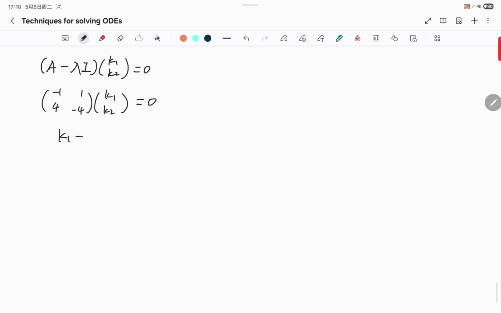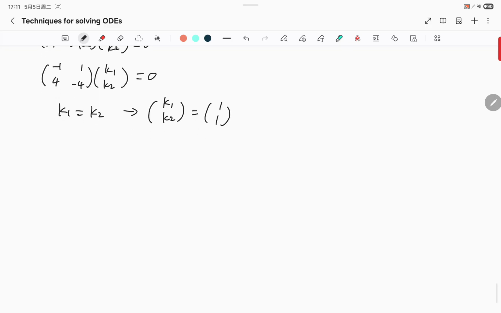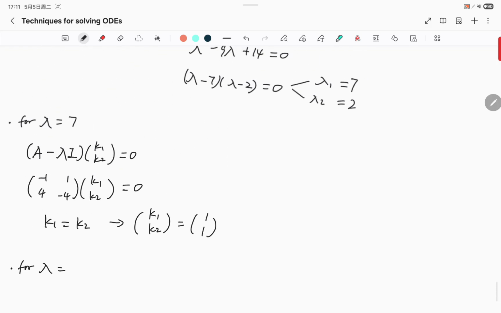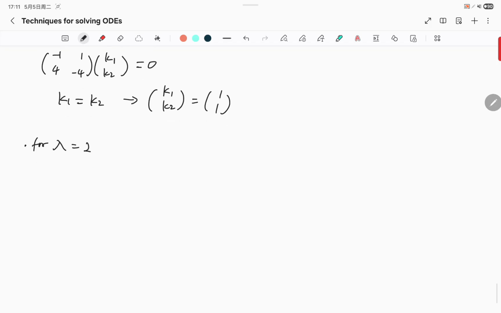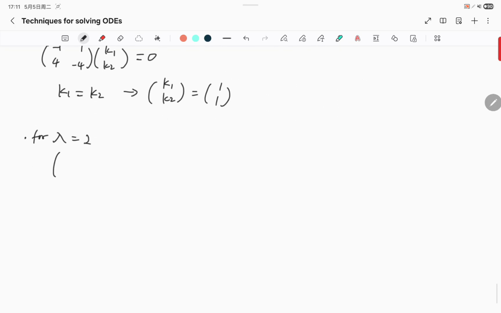We have k1 is equal to k2, because negative k1 plus k2 is equal to 0. Bring plus k2 to the other side, becomes negative k2, cancel out the negative. That means my (k1, k2) is (1, 1). I just didn't write an if statement because the ratio of k1 and k2 is 1 to 1. If k1 is 1, k2 must be 1. For lambda equals 2, we have 6 minus 2, 3 minus 2.